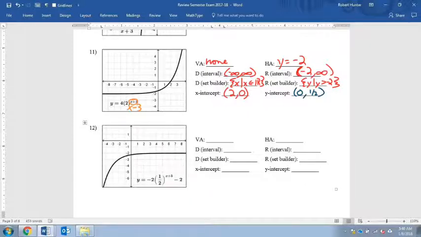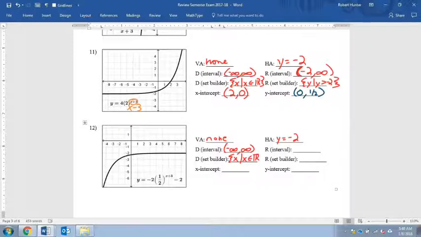So your vertical asymptote, again, you have none. Your horizontal asymptote is right there at -2 again. So y equals -2. So your domain and range are the same. Your domain is all real numbers, so -infinity to +infinity, or x such that x is a subset of all real numbers.